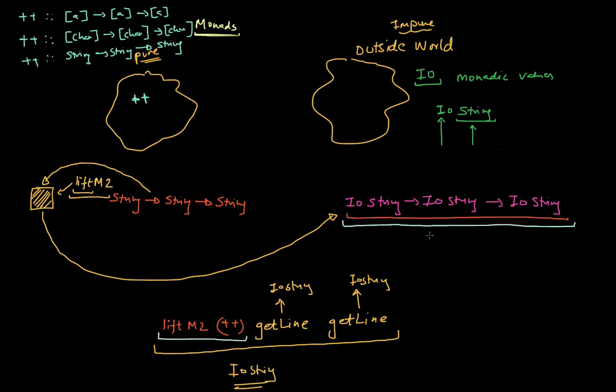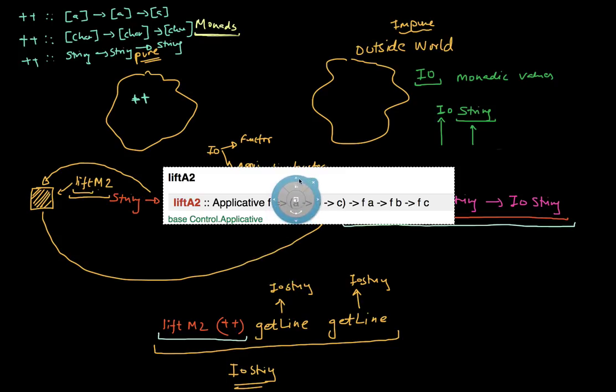But because one of the styles that we looked at was that IO is an instance of the functor type class, and is also an instance of the applicative functor type class, one other approach could be, you could also implement this specific problem.